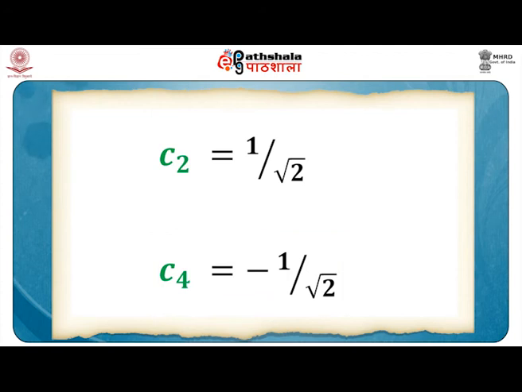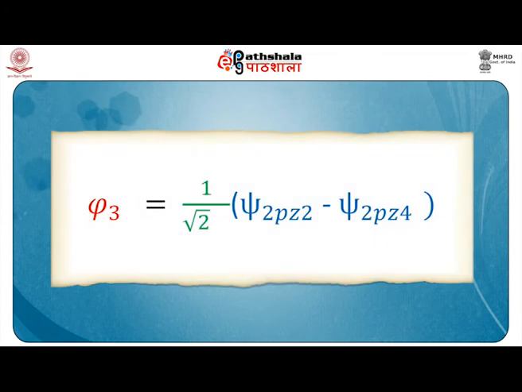And this therefore leads to the molecular orbital wave function for the pi orbital, that is Phi3, to be equal to 1 upon under root 2 (psi 2pz2 minus psi 2pz4). So this is the wave function for the molecular orbital Phi3.